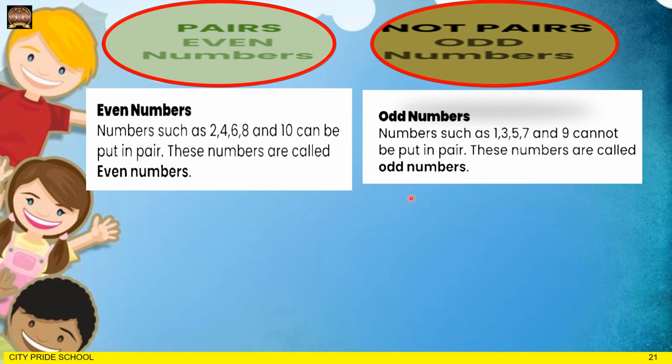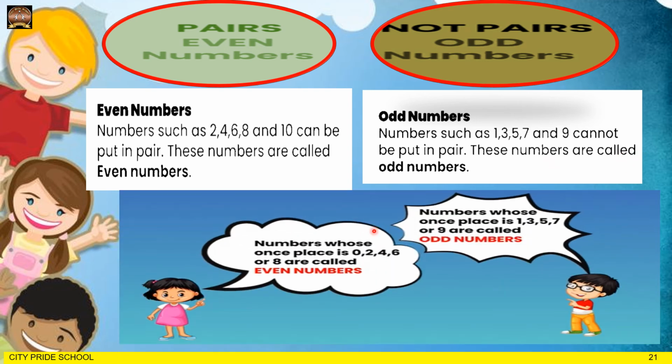These numbers are called odd numbers. Now, numbers whose ones place is 0, 2, 4, 6 or 8 are called even numbers. And numbers whose ones place is 1, 3, 5, 7 or 9 are called odd numbers.